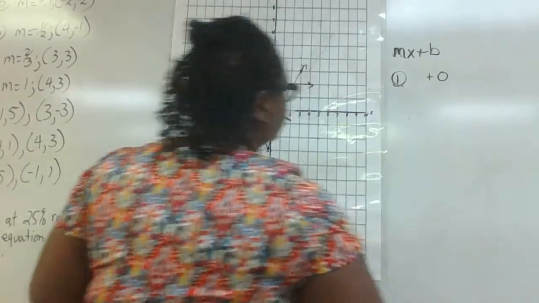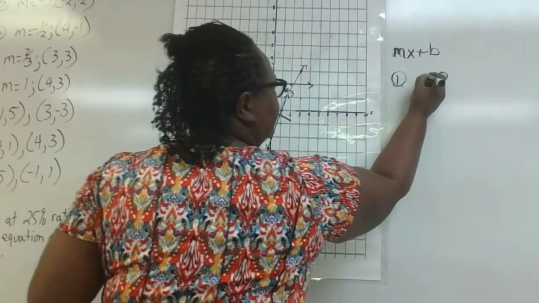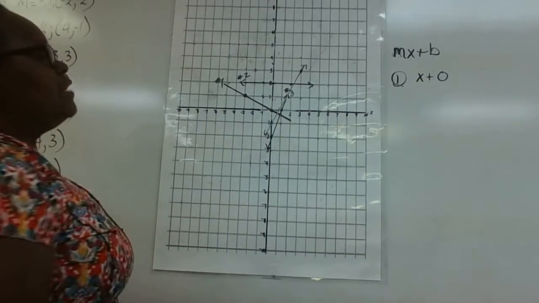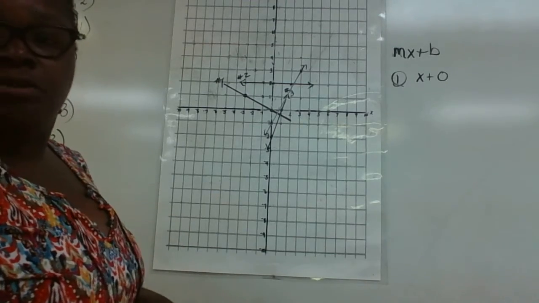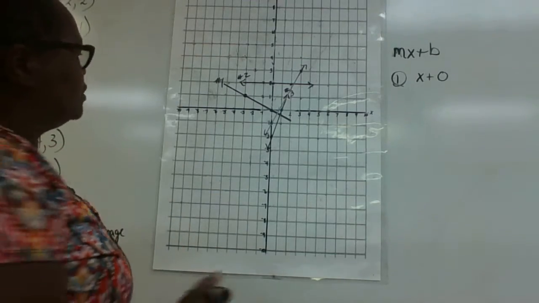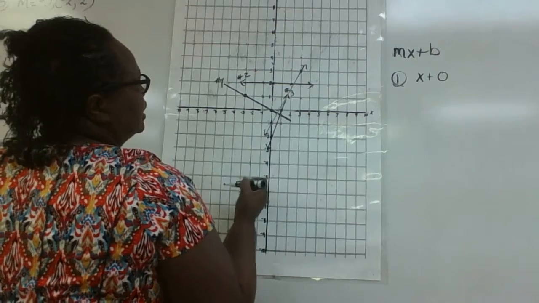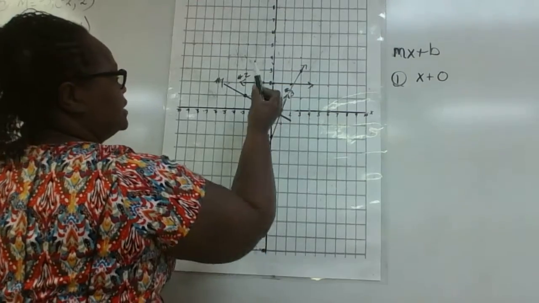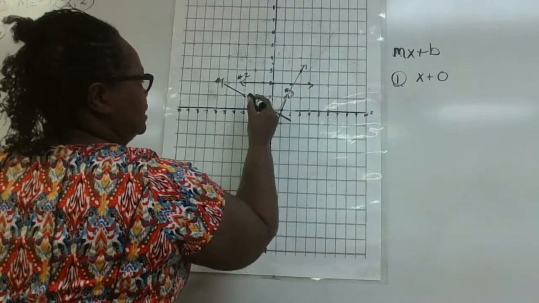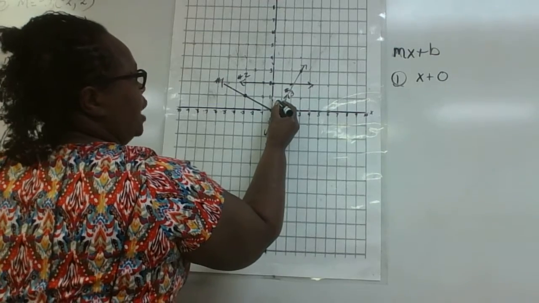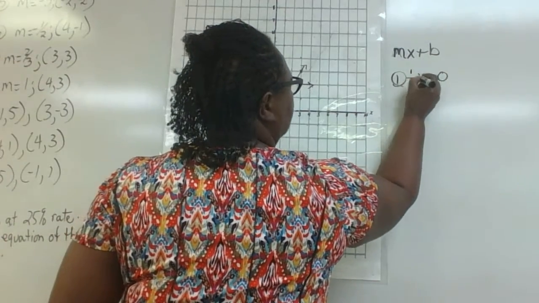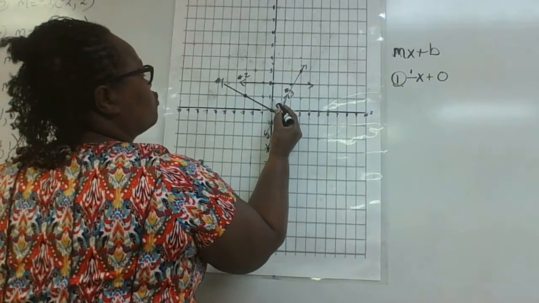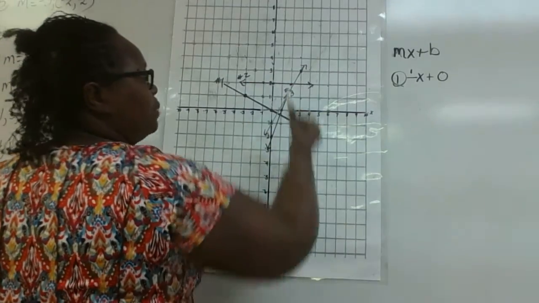Okay, now we keep our x, and then from there we want to determine what m is. M is our slope, our rise over our run. So we have these 2 points, and we need to figure out what the rise is, how far we go up to get to this line. We went up 1, okay, so the rise is 1, and our rise is positive.